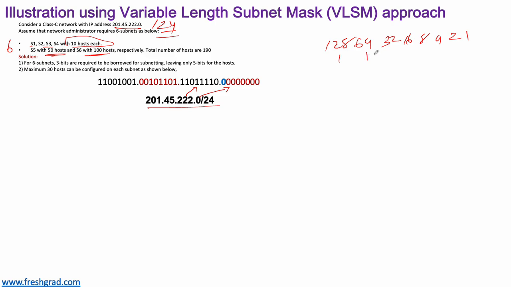So we do 1, 1. This value will come around 192. And then 192 plus 16 plus 8 plus 4 plus 2, that's our 222.